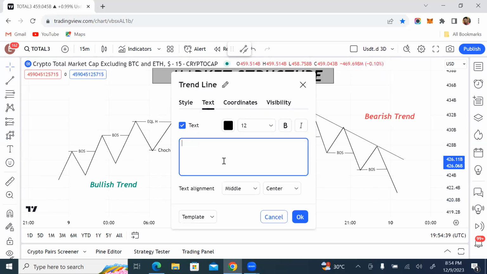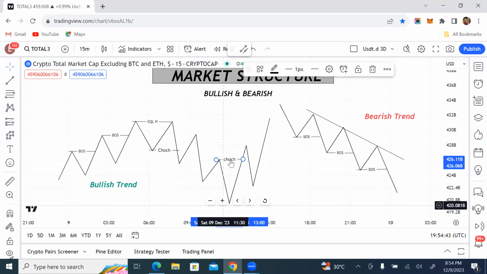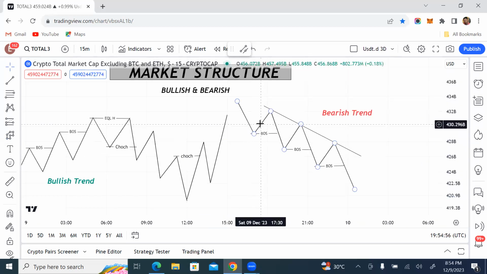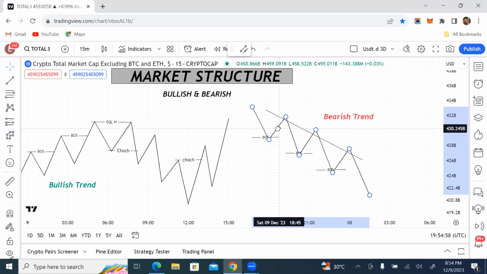Are you understanding? Good. So here it changes back to what? Bullish. You see, price will now start reversing back up again. Am I communicating?